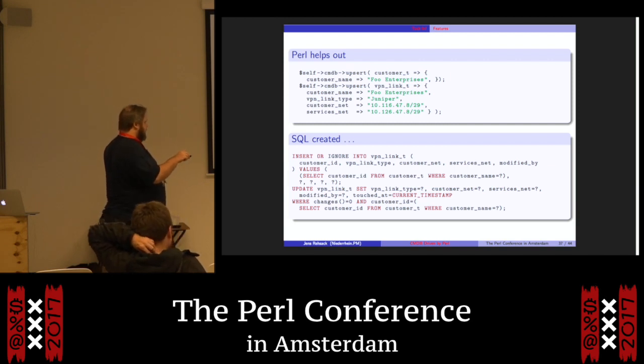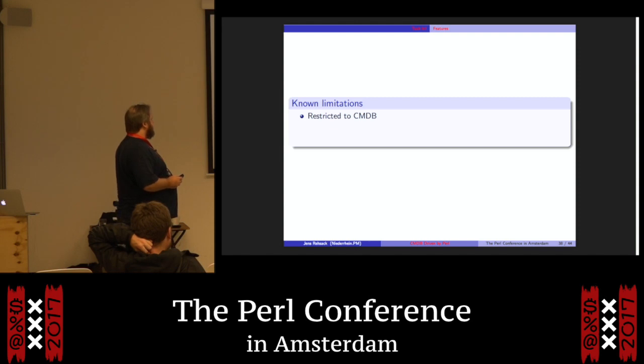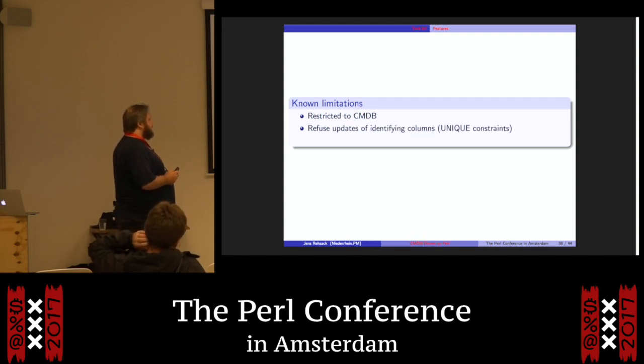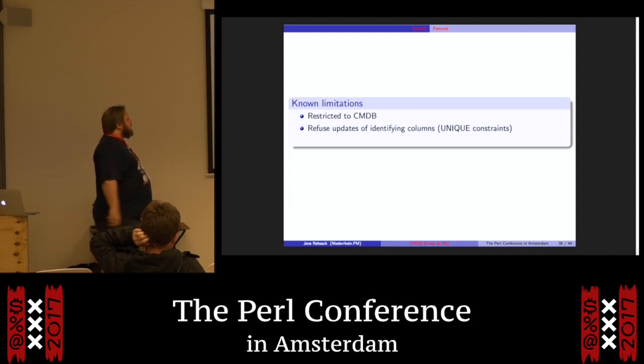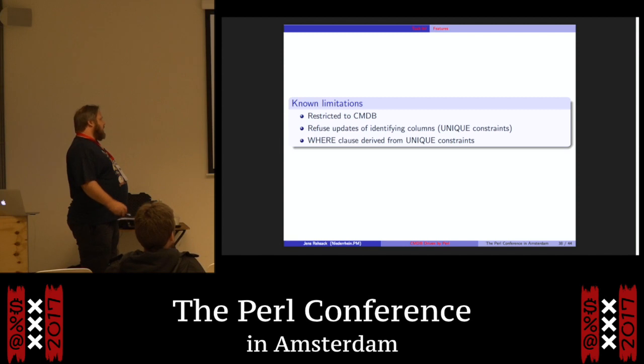Same for update. This is what upsert can extract from the data model. But it's restricted to our CMDB. It refuses updates of identifying columns. Yeah, well, it has to build a where clause somehow. And the where clauses are derived from the unique constraints.